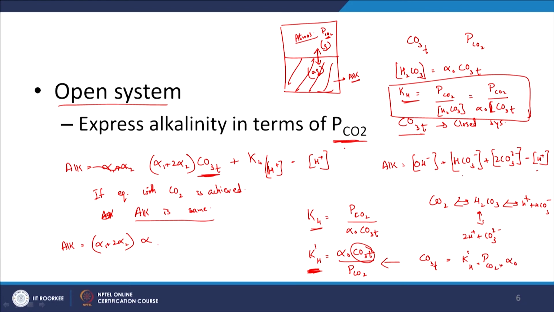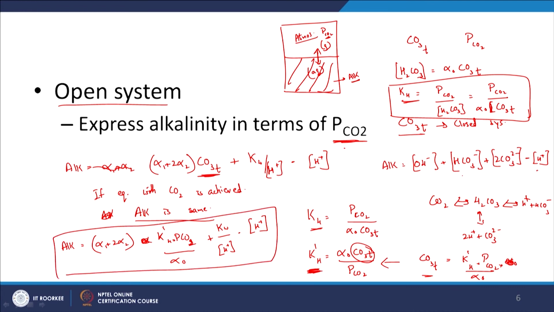So alkalinity is going to be equal to (alpha 1 plus 2 alpha 2) into K dash H into partial pressure of CO2 by alpha naught, plus Kw by H plus, minus the concentration of H plus, right. In this way we can simplify the particular system further and solve for the relevant aspects.